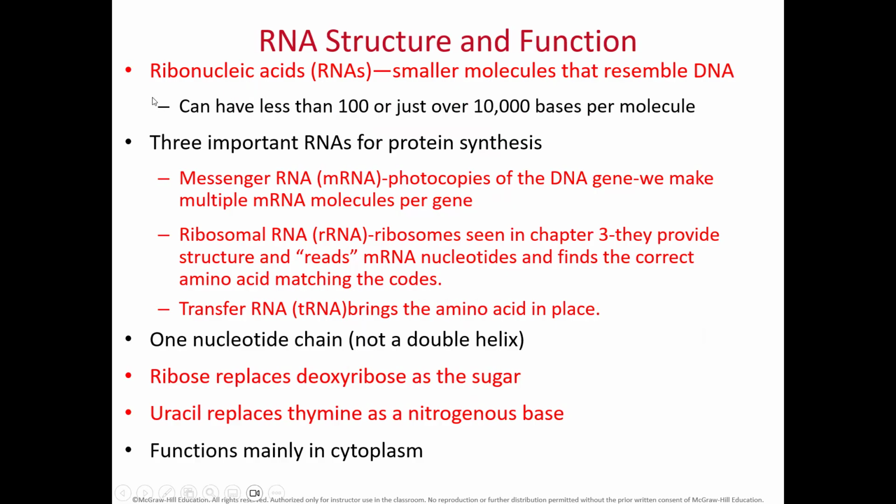When we want to make a protein, it is these RNA molecules that will be formed that will be used to make the actual protein we need. There are three important RNAs for protein synthesis: messenger RNA, ribosomal RNA, and transfer RNA. Messenger RNA is important because it makes photocopies of the DNA gene. Then we can make multiple messenger RNA per gene.